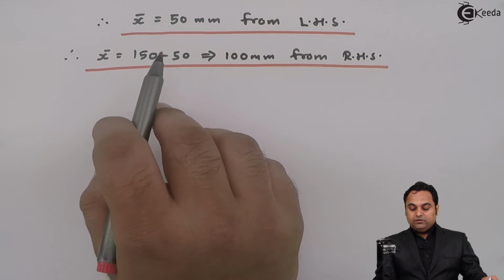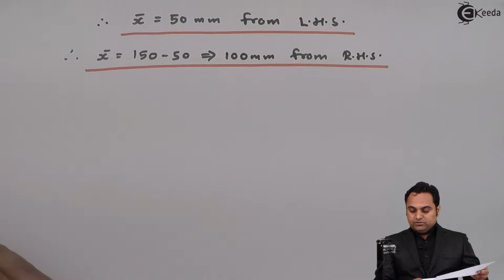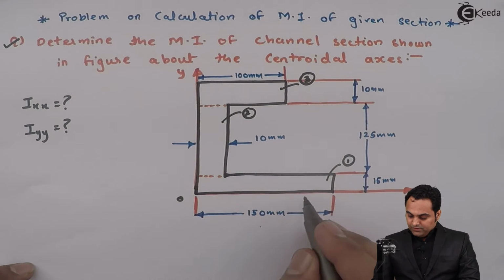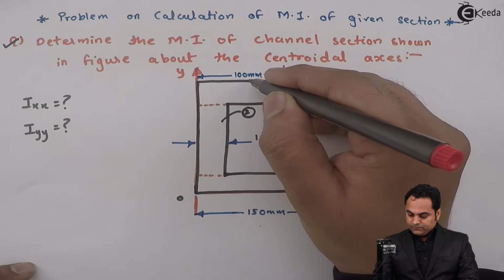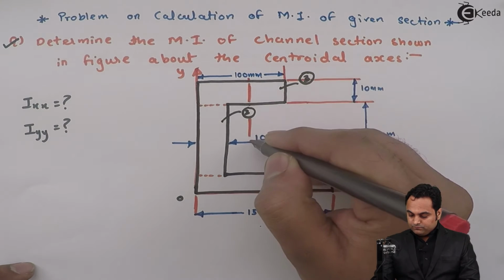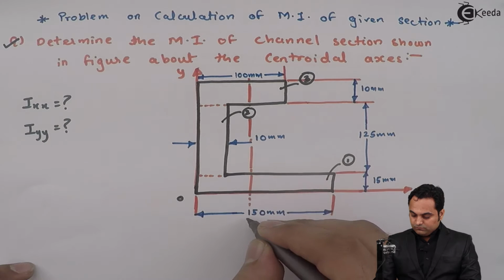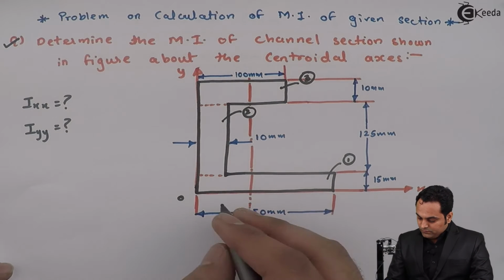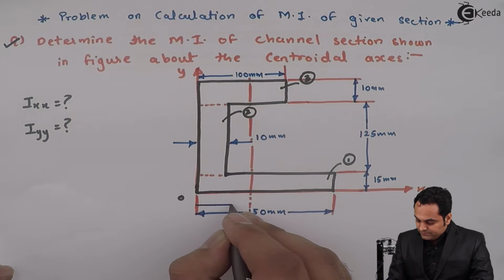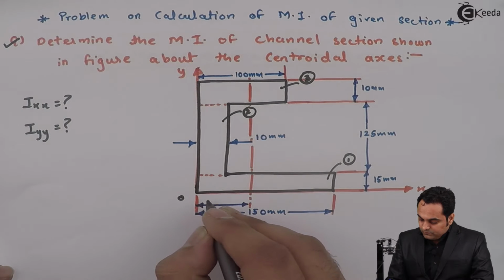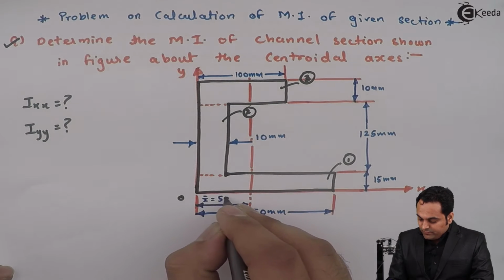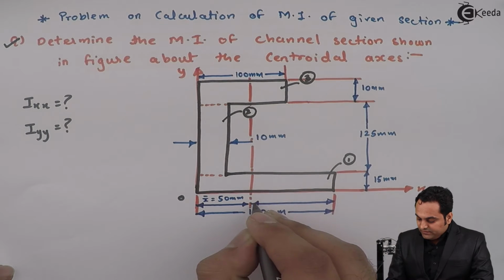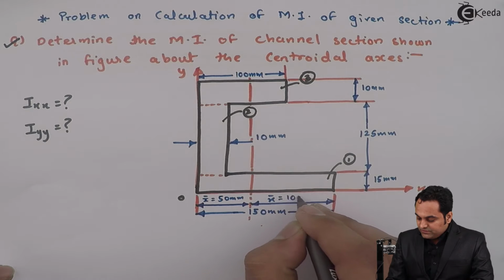So here now we know the location of y-axis, so we can locate it onto the diagram. Here we have 50, this is 100, so this is the location of y-axis at x bar is equal to 50 mm, and from right hand side it is x bar is equal to 100 mm.